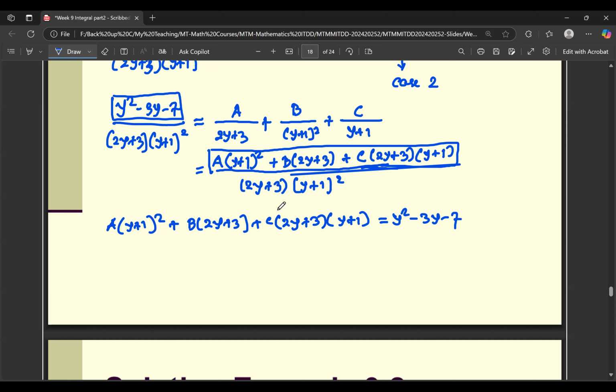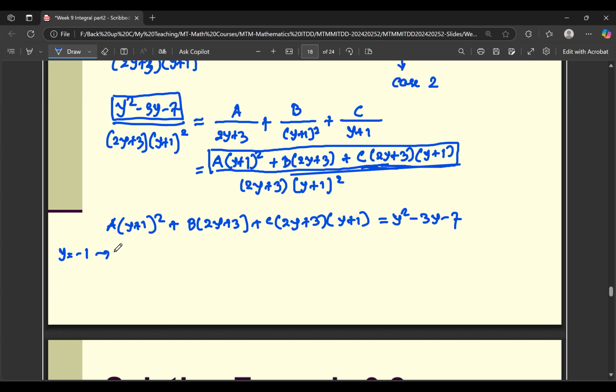As I told you before, you can choose y such that you have a simple equation to solve for A, B, and C. In this case, I suggest choosing y equal to minus 1. By this substitution, component 1 will be 0, and component 3 will be 0.